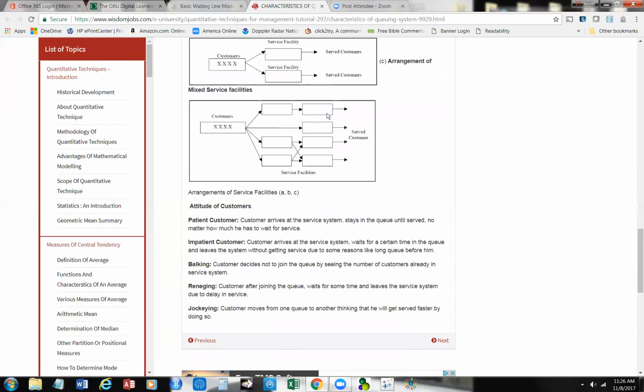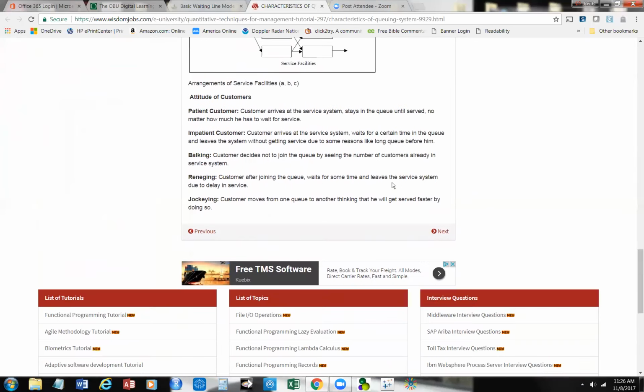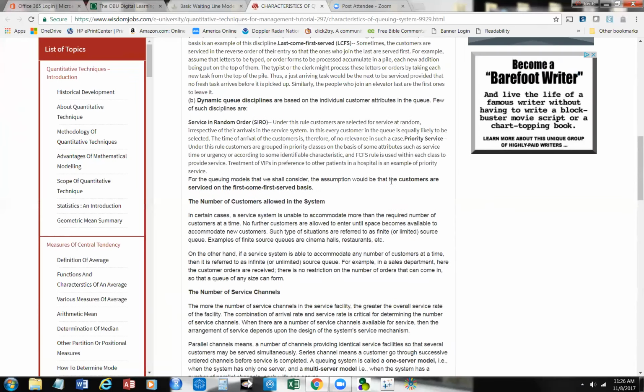And you can see how the probabilities can become very complex based upon the layers of service in the service facilities or service process. So there's some good stuff there before you take that.